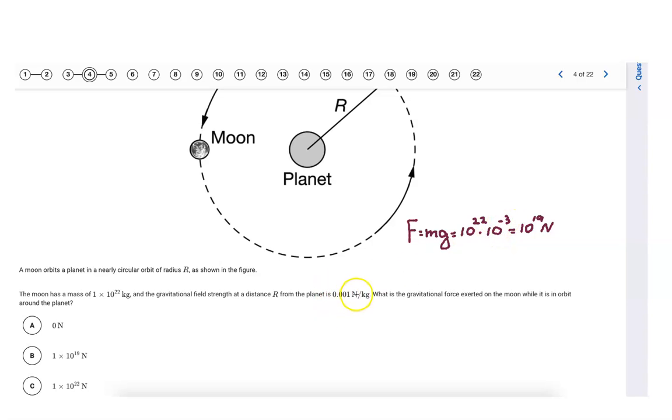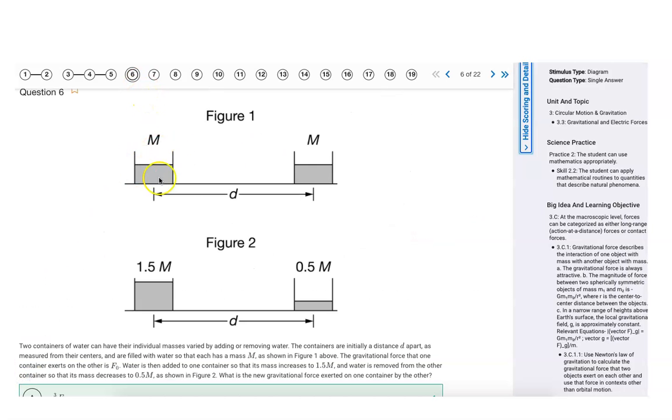So this number would be easier to write in 10 to the -3rd format, because then you can just subtract these two numbers, 22 minus 3. So that would be the answer, 10 to the +19th power of newtons. The answer is B.